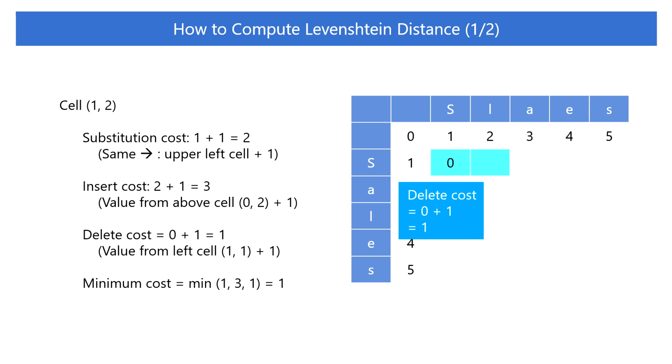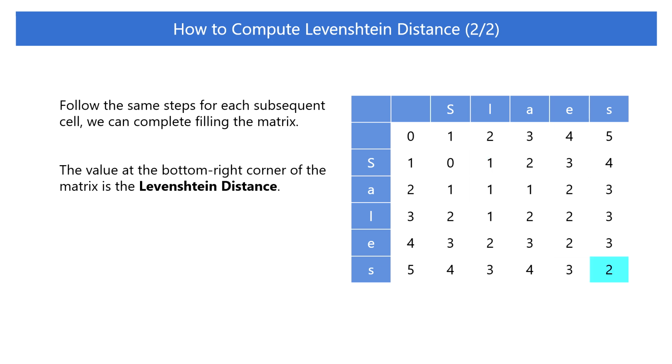The delete cost is the value from the left cell plus 1, so it is 1. So the minimum of insertion, deletion, and substitution cost is 1. So set the cell 1, 2 to 1. By following the same steps for each subsequent cell, we can complete filling the matrix. The value at the bottom right corner of the matrix is the Levenshtein distance.